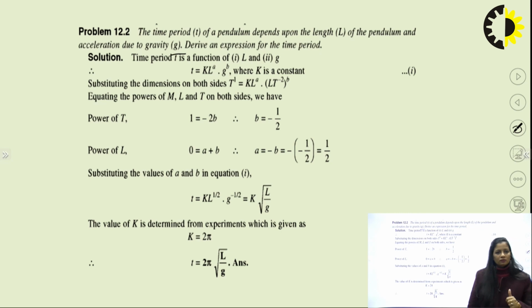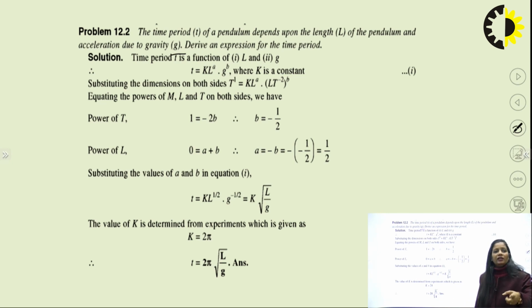The question is simply saying that the time period of any pendulum depends upon the length of the pendulum and the acceleration due to gravity. You cannot relate it to an actual fluid flow problem, but we are going to solve this simple equation. Now the question asks us to derive an expression for the time period.